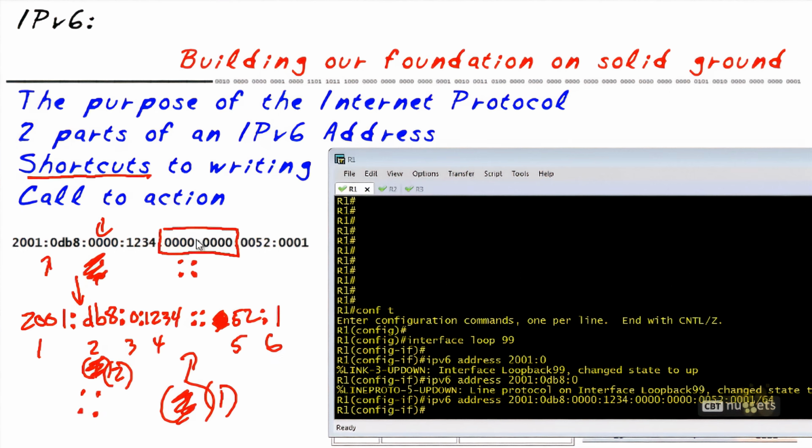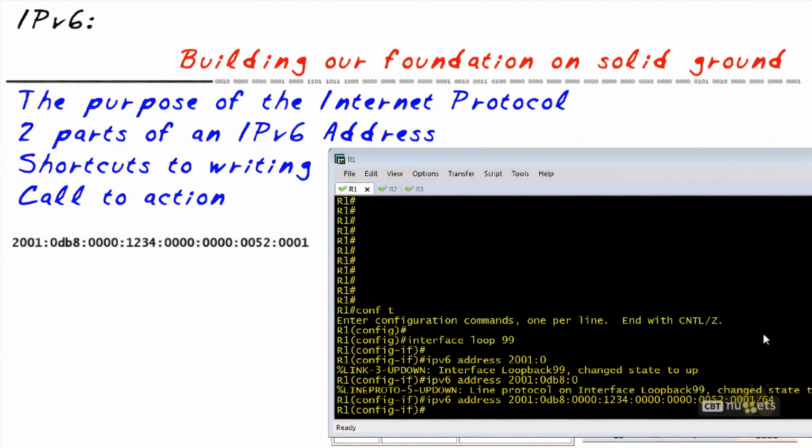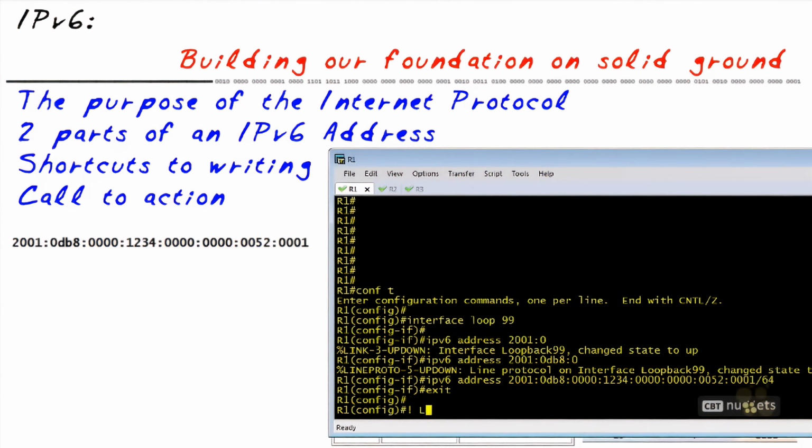Now, case in point, check this out. Let's compare the IPv6 address that we just put in with the shortcuts that are going to show up from the command line. So let's get out of interface configuration mode, and I'm going to do a do because I'm inside of configuration mode.